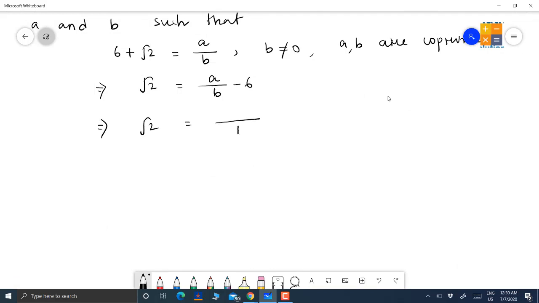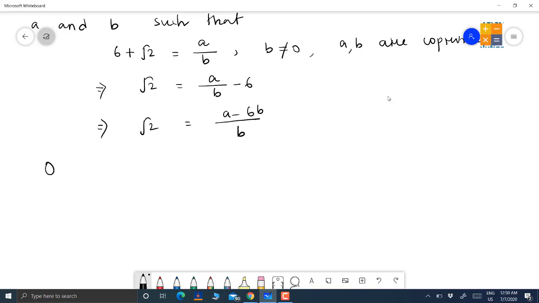What do I get here? a minus 6b by b. I had to keep this root sign alone on one side. It means √2 is an irrational number. Why is this irrational? Because this is a square root of a prime number. On the other hand, on the right hand side, a minus 6b, b, these are all integers. So this entire expression is a rational expression.